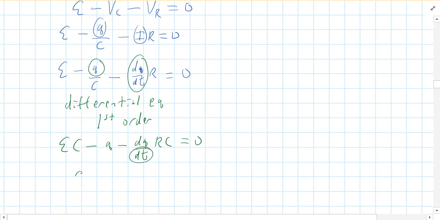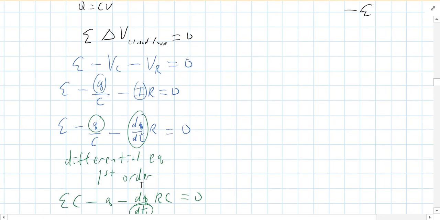So, you've got EC minus Q equals dQ over dt times RC, okay? And let's see, if you flip everything over, this becomes dt over dQ, this becomes 1 over RC, and then you multiply both sides by dQ, you would end up with the following.